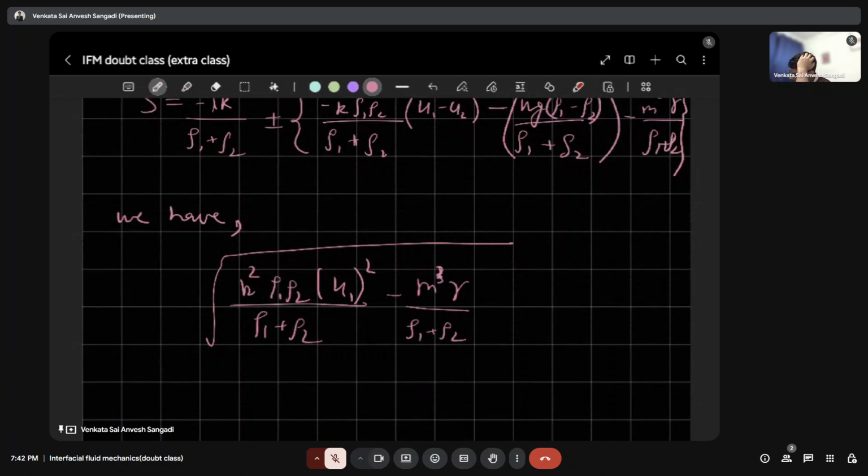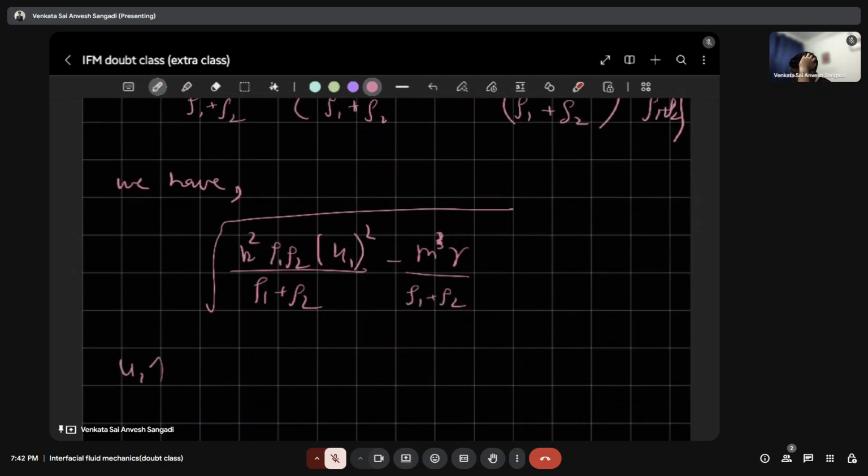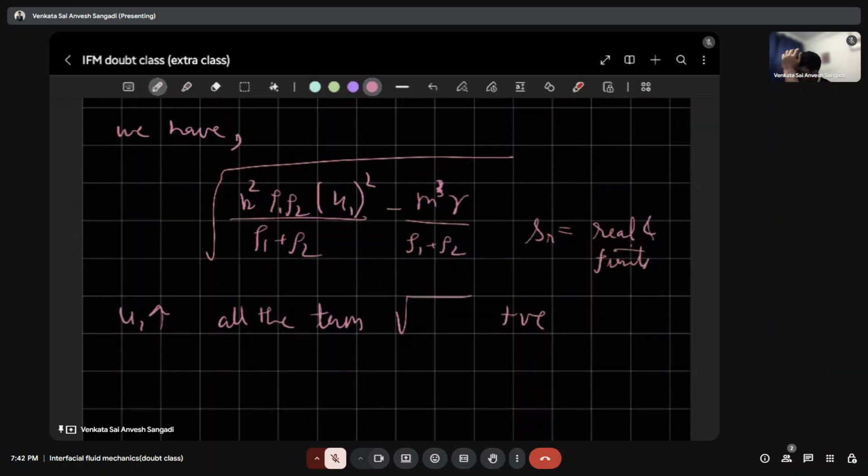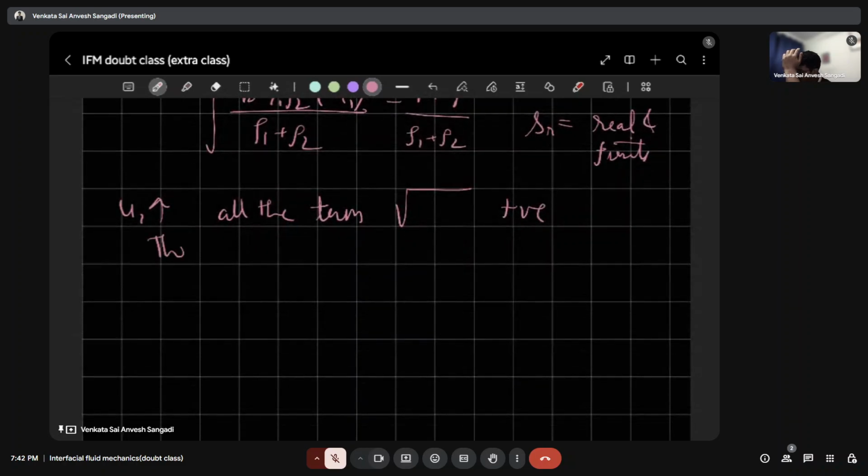So when u1 is increasing, all the terms inside the square root are positive, and therefore SR is real and finite. Therefore, the flow is unstable.